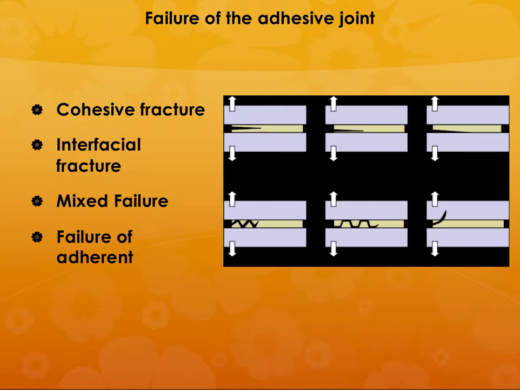So in what ways can the adhesive joint fail? You can have what is called a cohesive fracture. You can have interfacial fracture, so the joint itself comes off. You can have mixed failure, and you can have failure of the adherent or the adhesive itself.